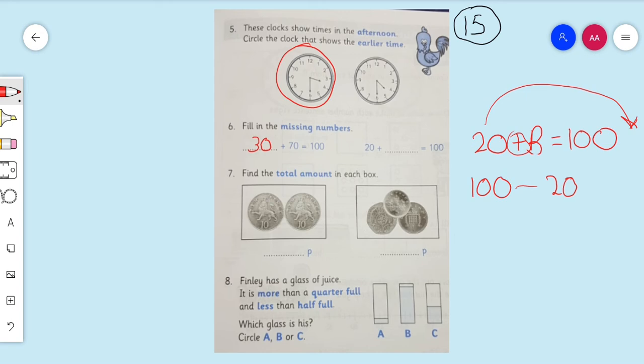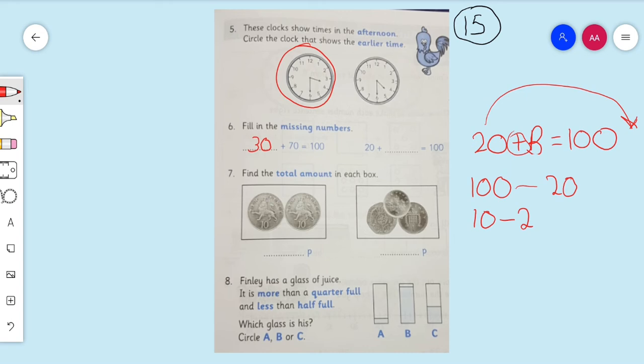If you don't know what 100 take away 20 is, you might know what 10 take away 2 is. 10 in your mind and count backward 2. And so we don't get confused, we open 2 fingers. 10 in your mind and count backward. 9, 8.